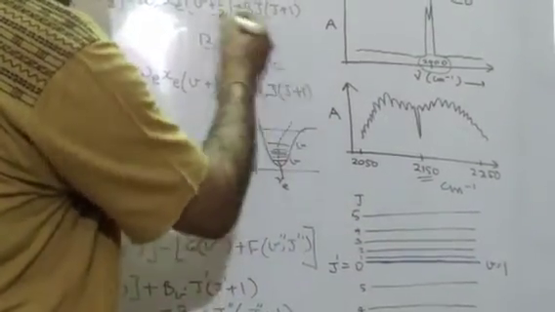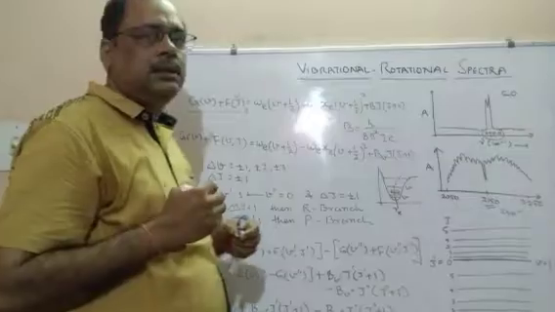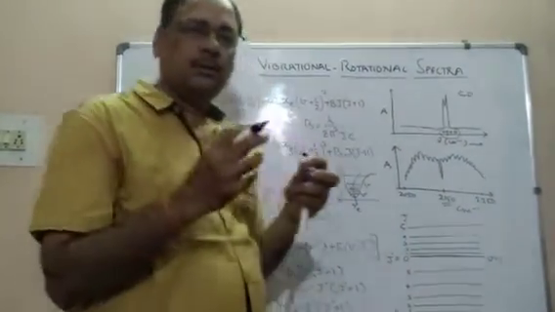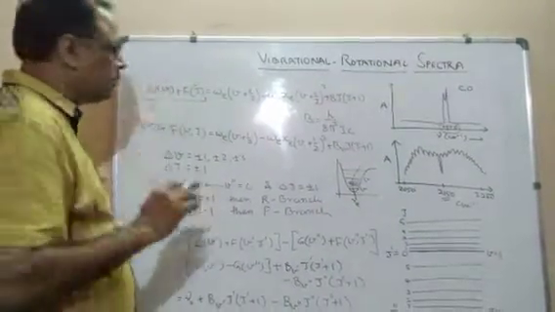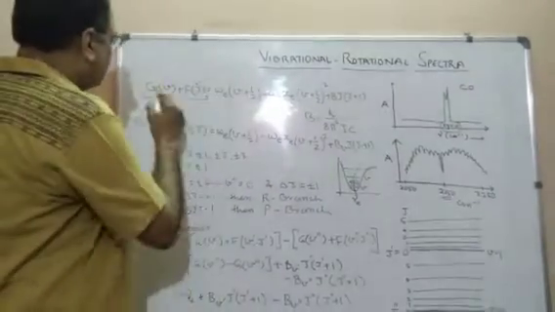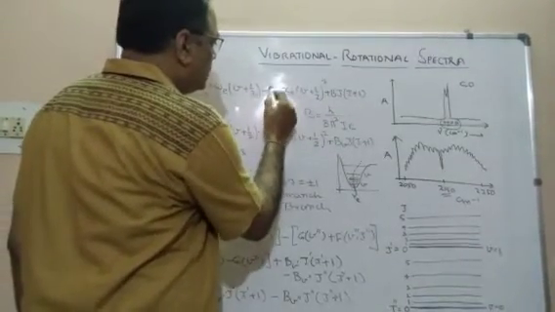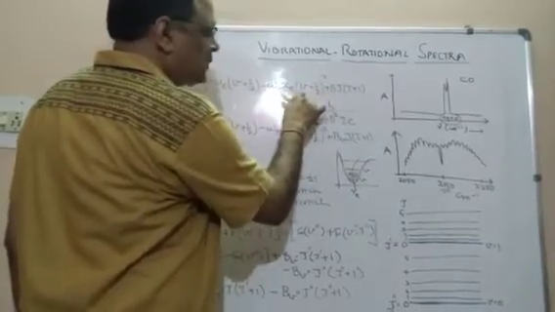The energy which I am writing here is just a sum of the vibrational term and the rotational term. Here I am assuming that there is no interaction between the rotational and vibrational energies. So it is a simple sum of vibrational and rotational. In the previous video on anharmonic, we wrote G(v) as omega e times (v plus 1/2) minus omega e xe, the anharmonicity constant, times (v plus 1/2) squared, where v is the vibrational quantum number.